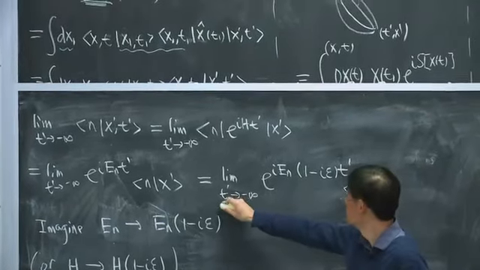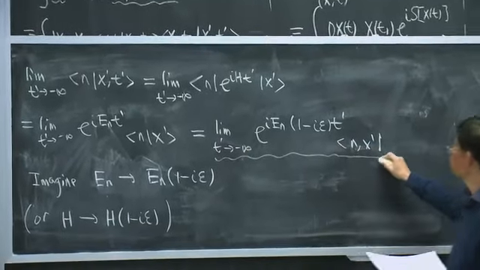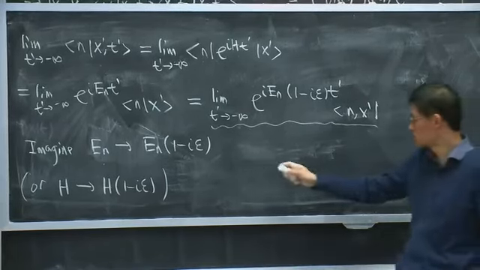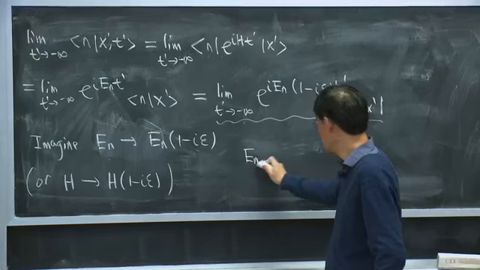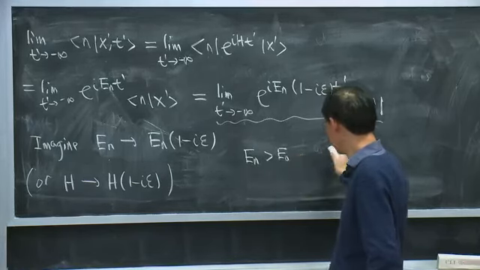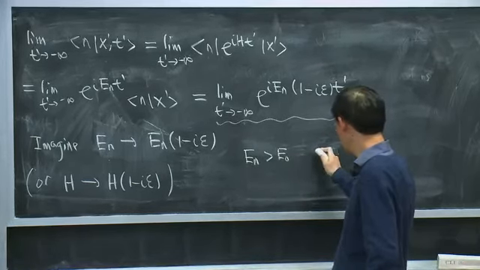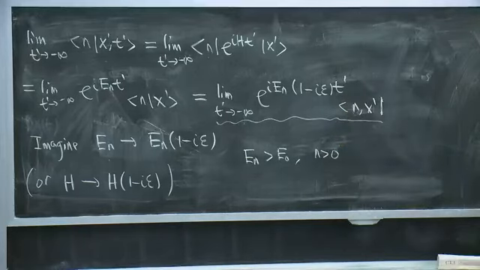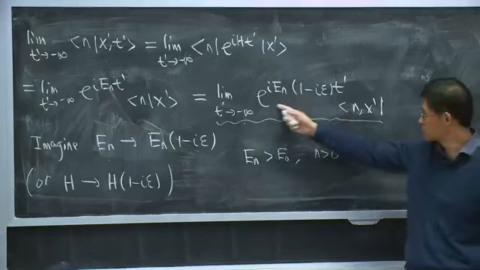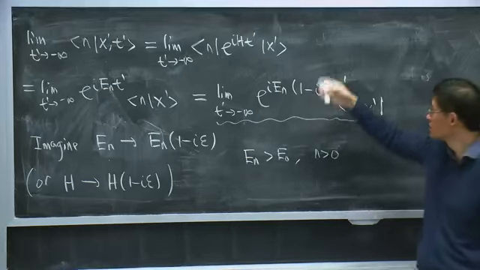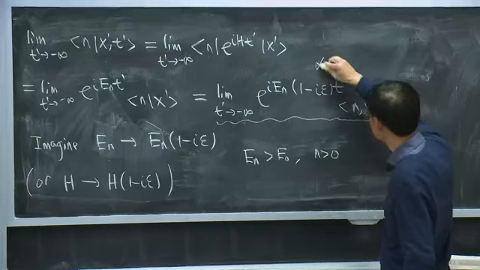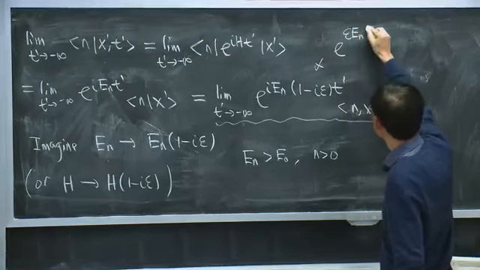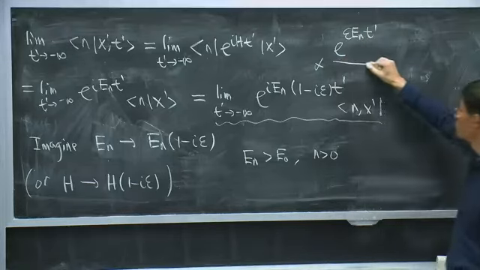Now you see, suppose we normalize our state so that, by definition, En are greater than E0 for n greater than 0. So the effect of putting an epsilon here, when you multiply it, is to give you a real factor like this, epsilon En times t'.